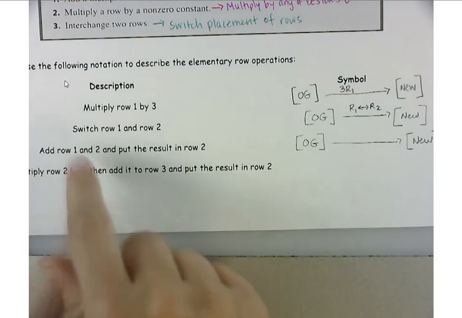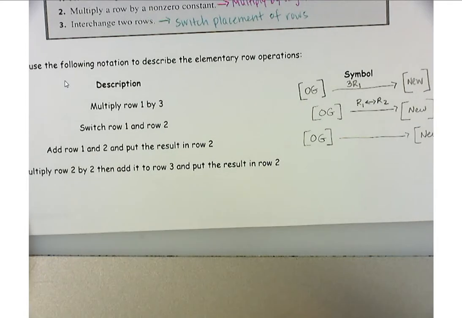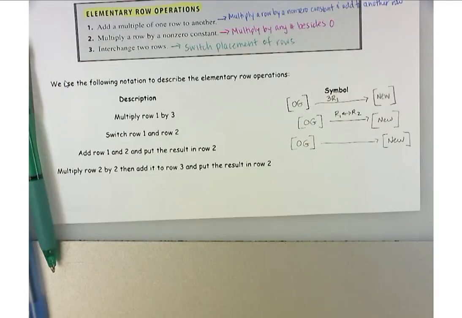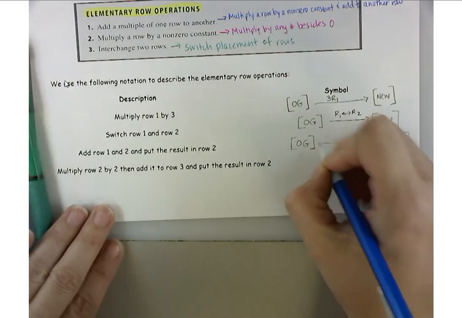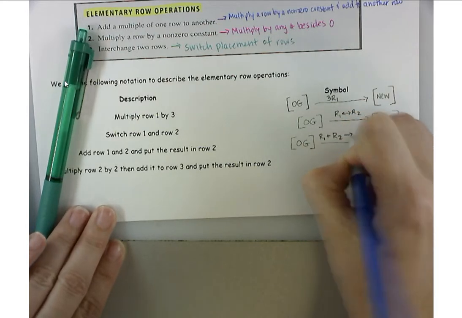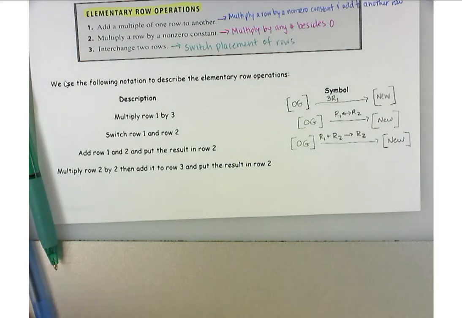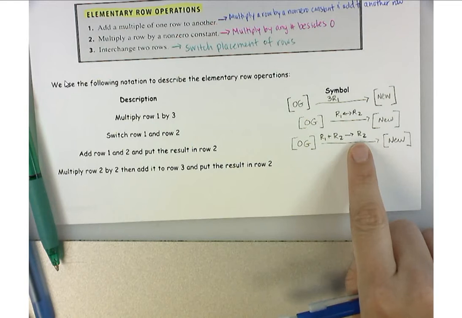So we're going to add row 1 and row 2 together, and then we're going to put that result in row 2. So we're going to add them together, and then we're going to put the result in row 2. So when you're replacing a row, you have to let me know which one you're replacing it with, because technically you could put it in any row that you want to.